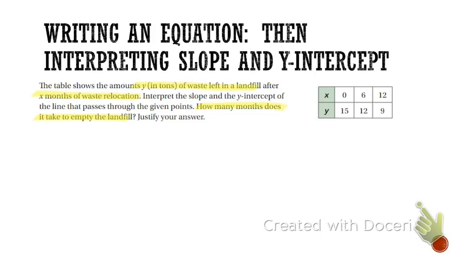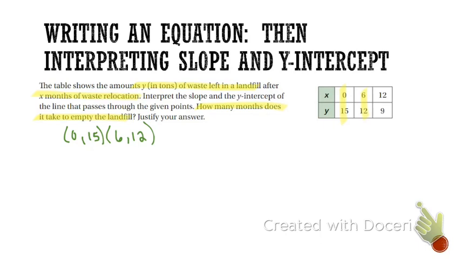All right, so we need an equation. The way we do an equation is we pull out the first 2 ordered pairs and we find our slope. So we have (0, 15) and we have (6, 12).